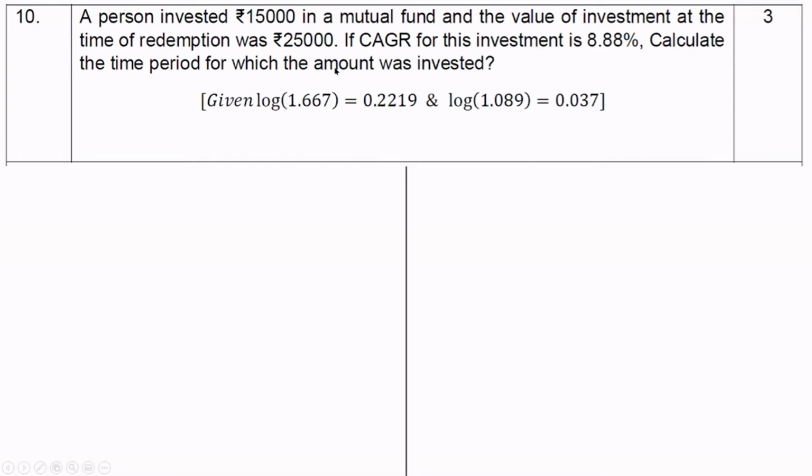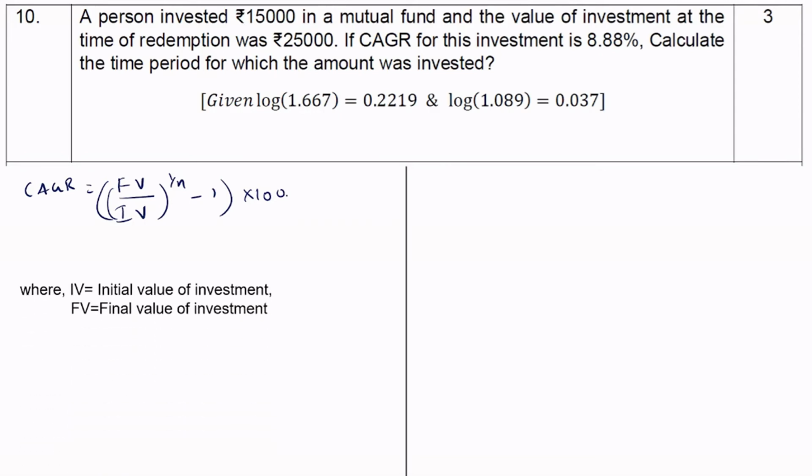So this is from the unit Financial Mathematics and the topic is compound annual growth rate. Here we know that the compound annual growth rate is given by final value upon initial value, the whole raised to 1 by n, minus 1, into 100, where IV is the initial value of investment and FV is the final value of investment.